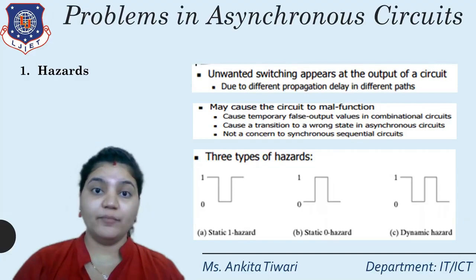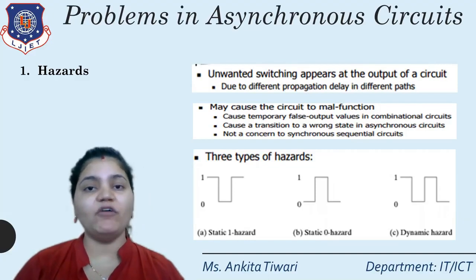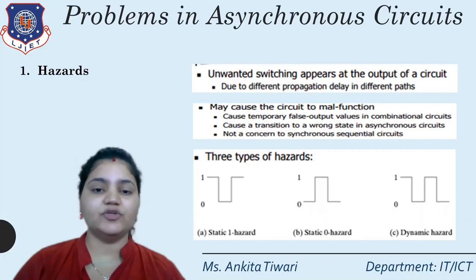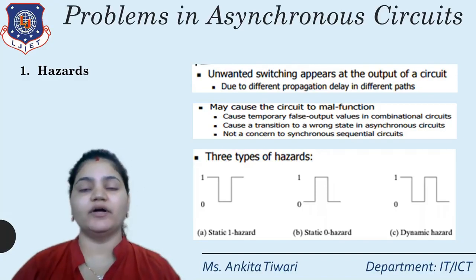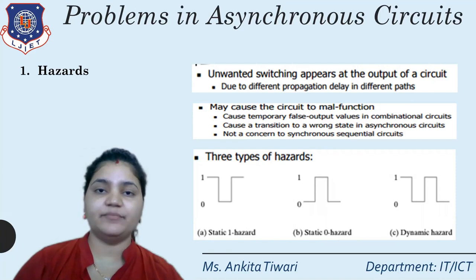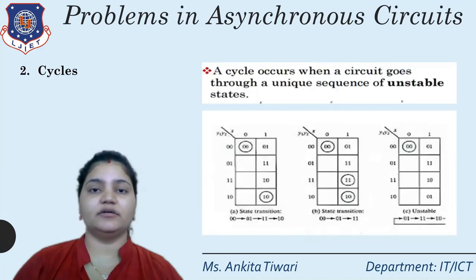So these are the problems in the form of hazards, and hazards are of three types: static 1 hazard, static 0 hazard, and dynamic. Static 1 means 1 to 0, static 0 means 0 to 1, and dynamic means it can be 1 to 0 or it can be 0 to 1. It is not correctly known. So these are the different types of hazards which are problems in asynchronous circuits.